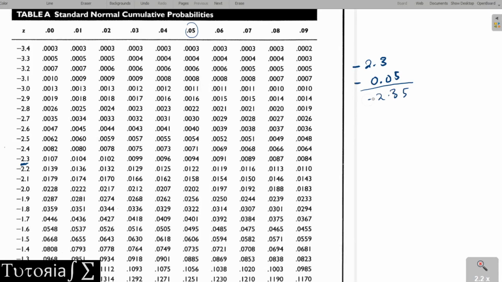Okay, so this is what you'll be doing. Just get 2.3, draw a line on 2.3 and under 5. That is the number that we are looking at here.